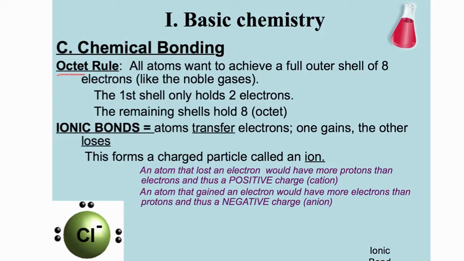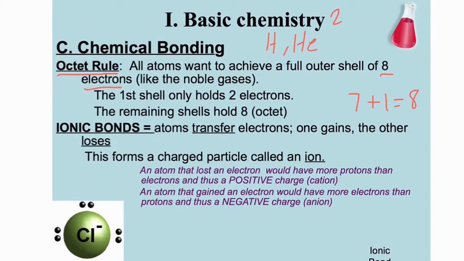The octet rule, I've kind of gone over it already. Remember, hydrogen and helium want to have 2 electrons in their outer shell. But everyone else wants to get a full outer shell of 8 electrons. So for atoms that only have 7, they want to add 1 electron to give them 8.